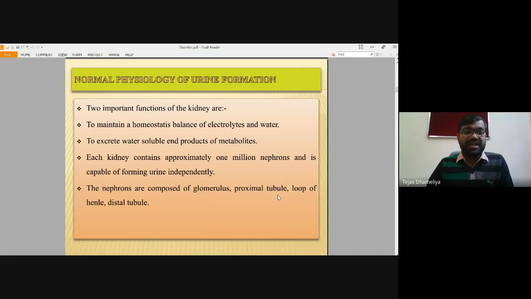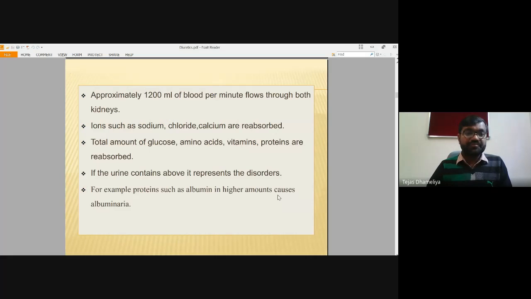These are the physiological conditions and other features we have discussed previously. Nephrons are composed of the glomerulus, proximal tubule, distal tubule, ascending loop of Henle as well as the descending loop of Henle. So these we have already seen yesterday.